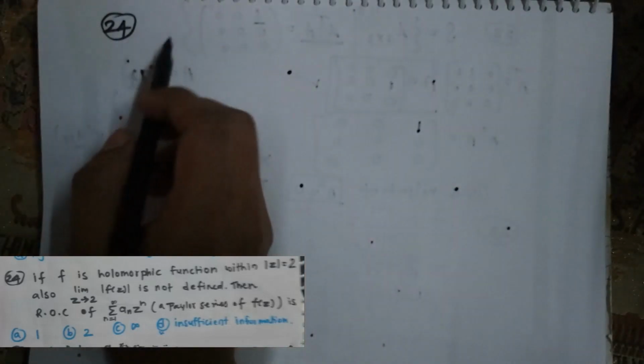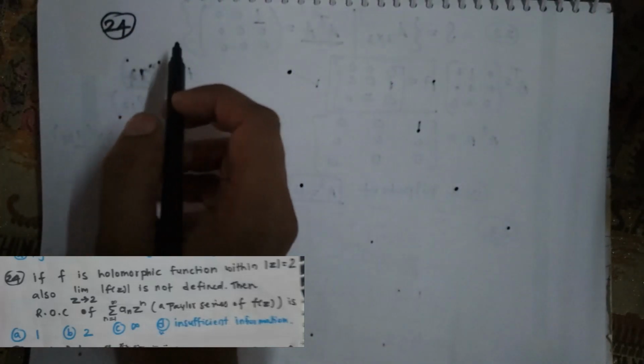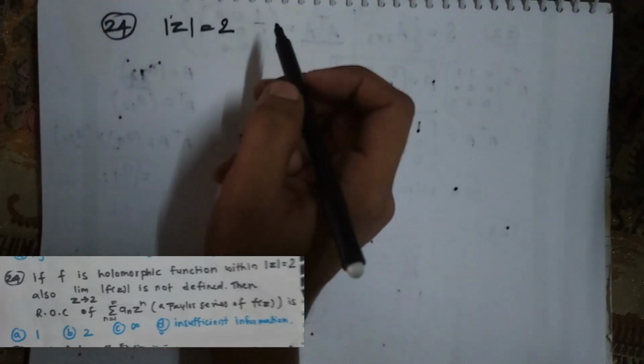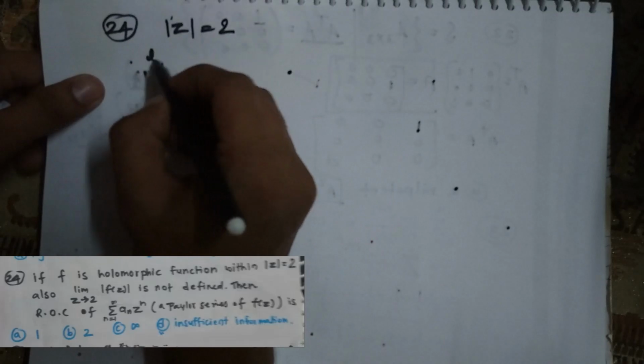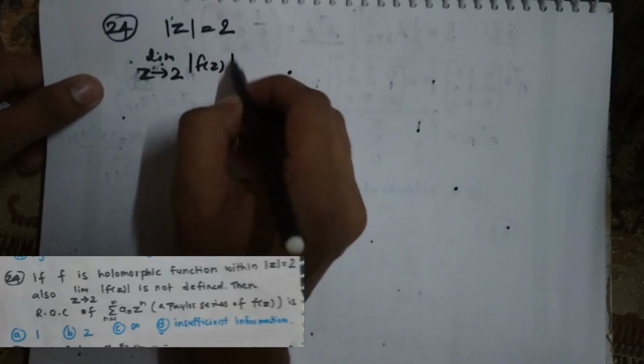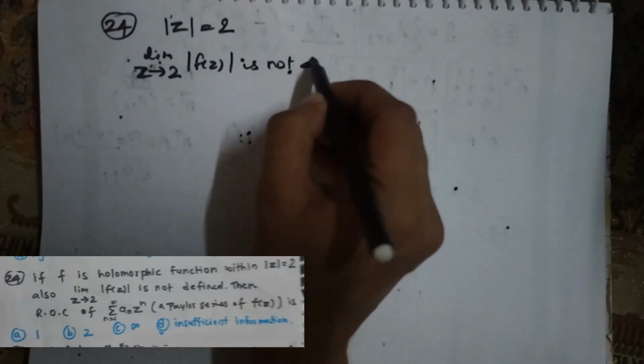In question number 24, what they are saying is easy. I did the same question in one of my YouTube videos; you can go and find it. I have just changed this question a little bit. Instead of the unit disk, I have taken a disk with radius 2 and center at the origin. And we have the limit as z tends to 2 of f of z, which is not defined.